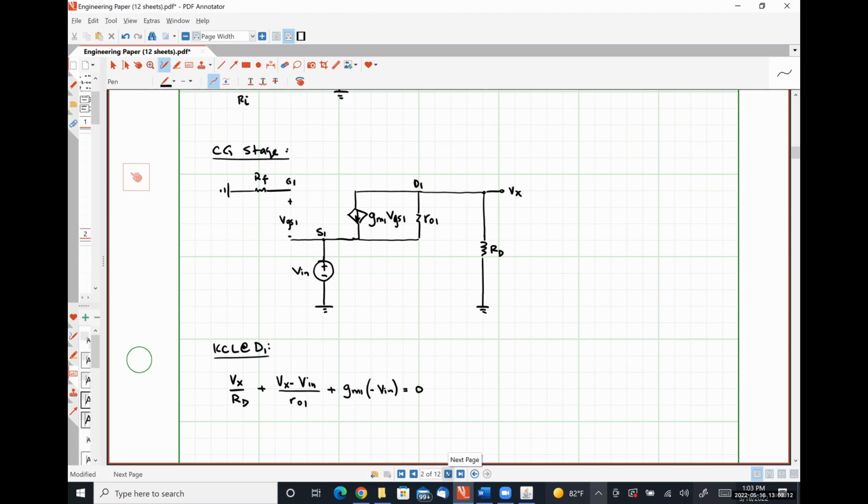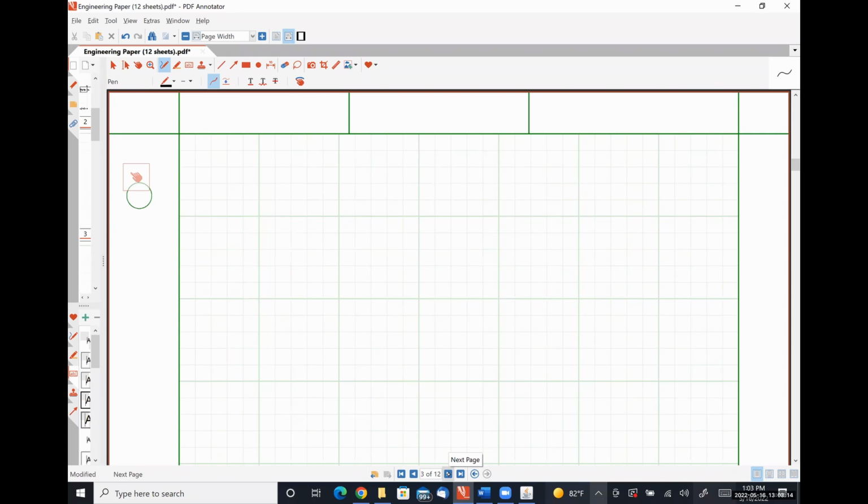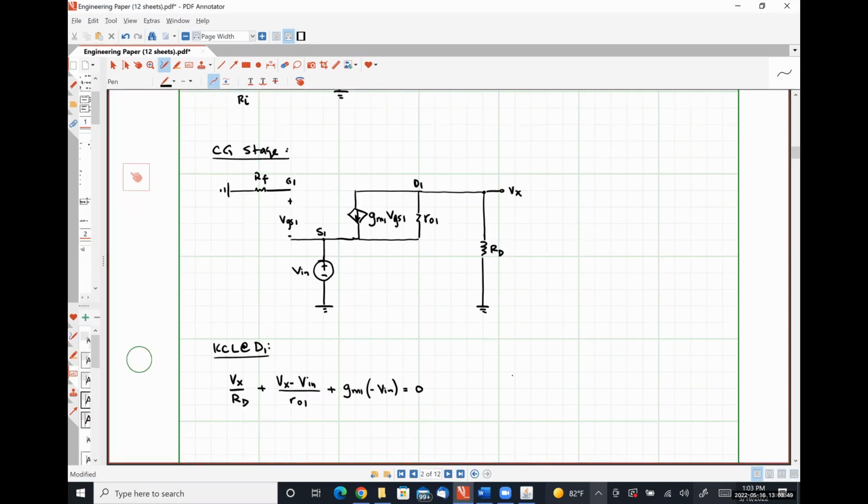From this, let's go to the next page here. I have a factor of 1 over R01 plus GM1 times Vn is equal to a factor of 1 over Rd plus 1 over, sorry, these should be R01s and GM1s. Did I remember to do that over here? I did, okay.